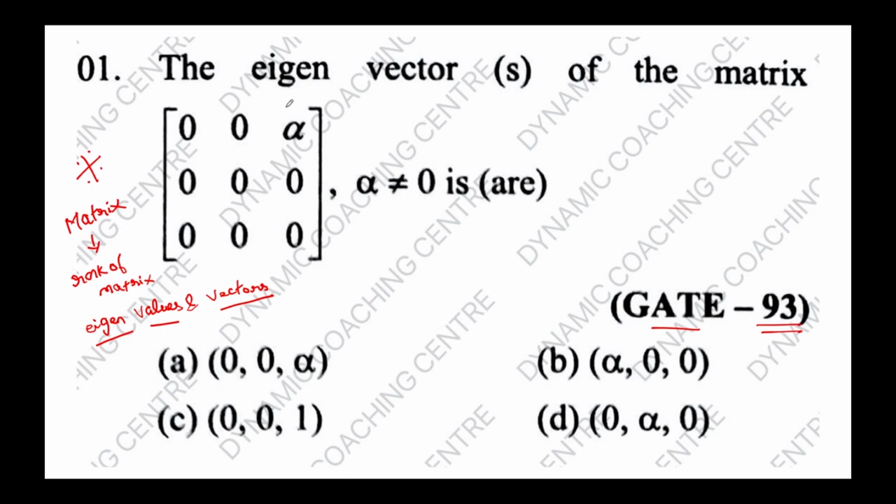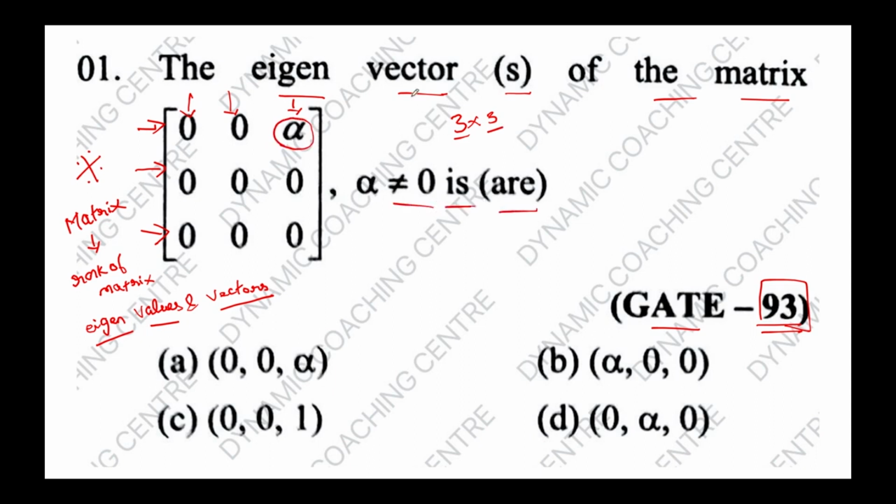So here's the first question, which was asked in the year 1993. The eigenvector or vectors of the matrix. Given is a square matrix, 3 into 3, with 3 rows and 3 columns, and everything is 0 except one entry, which is alpha, and they clearly said that alpha is not equal to 0.